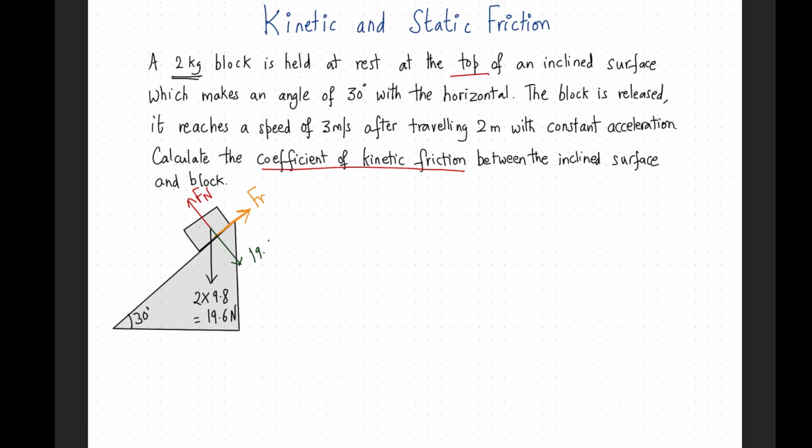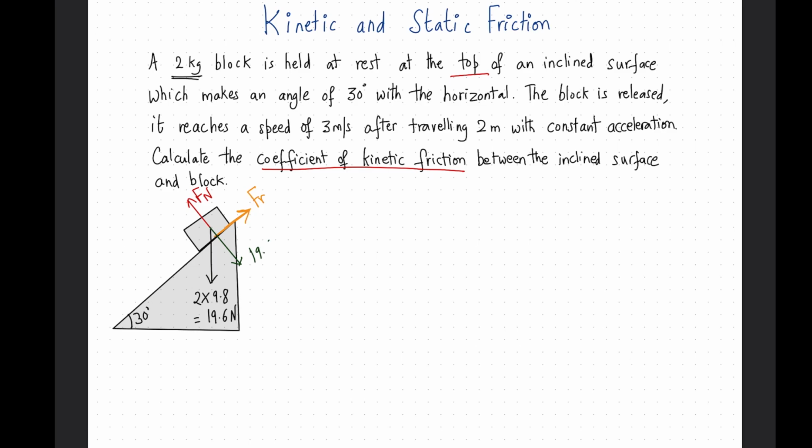Now once we have found the components of the forces, let's just read the question to find out if there is any other information given. They said that it reaches a speed of 3 meters per second after traveling 2 meters. That means Vf is given to us as 3 meters per second. It travels a distance of 2 meters, and they also said that it is released from rest, which is written in the first line. So Vi is equal to 0.